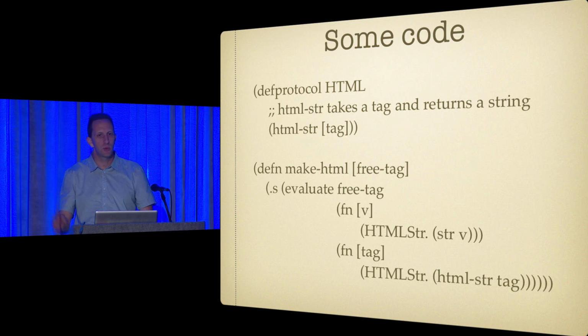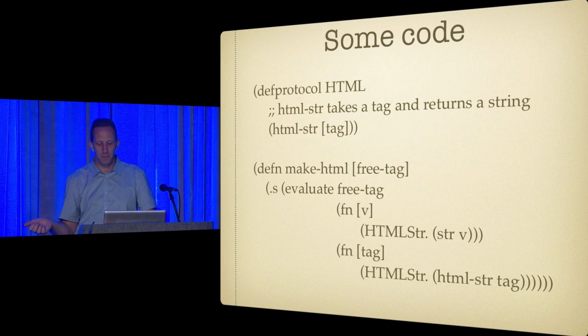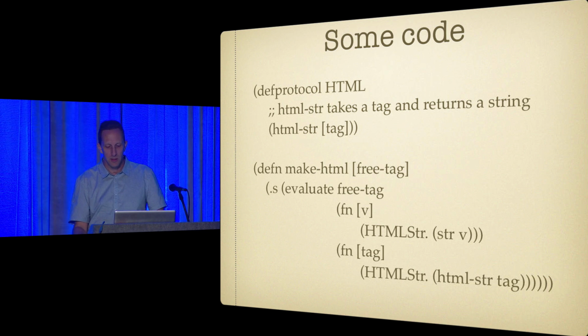And all it does is take one of those free tree structures and call evaluate on it with a couple of anonymous functions that just do their thing. So the first one is eval pure, and all it does is take any value v and turn it into a string, and then wrap it with the HTML string wrapper. That's all eval pure does.